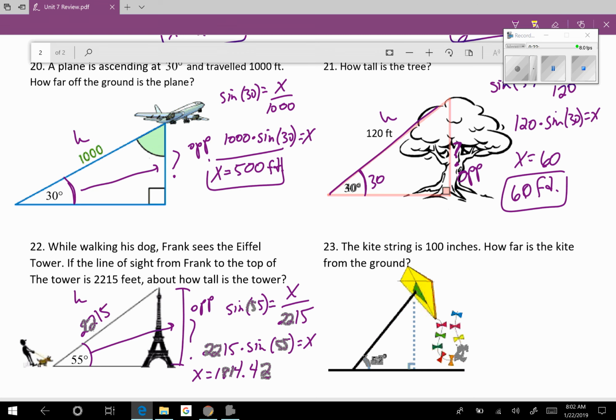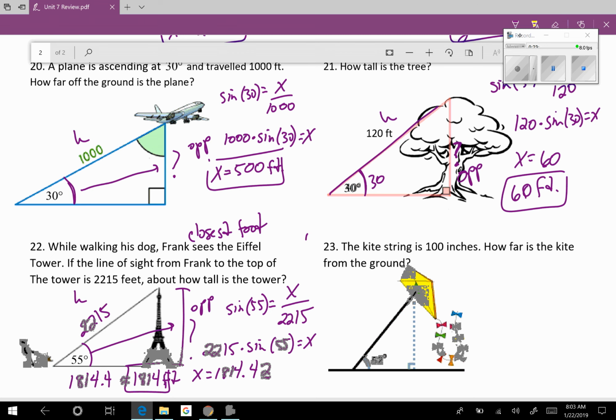It's not going to make the 4 round up, so the tower is 1,814.4 feet. But if they ask you for the closest foot, it would just be 1,814. So when they say about how tall it is, they're asking you for the closest foot. So it's 1,814 feet tall about.